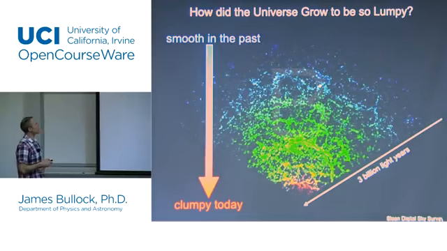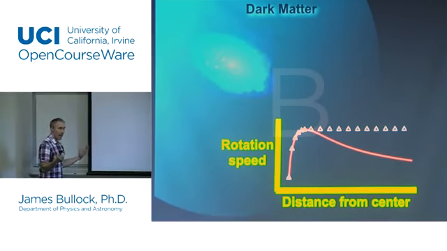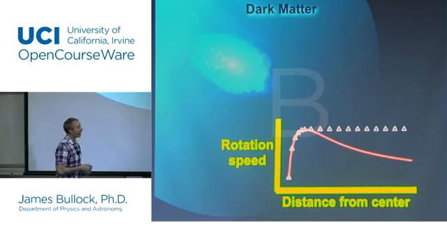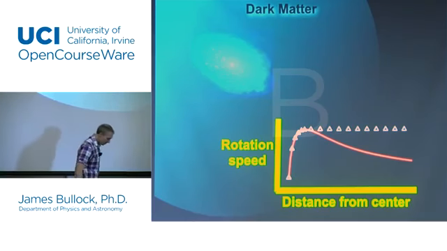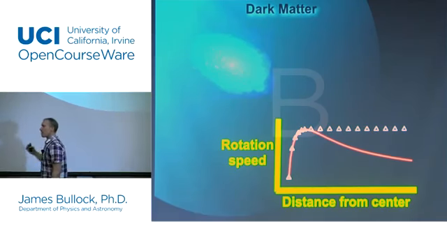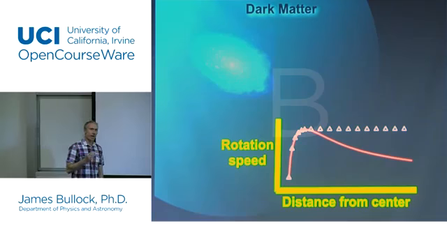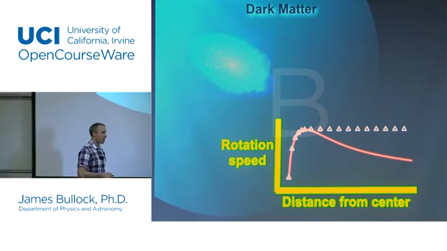Again, this is consistent with the idea that there are these big extended blobs of mass out there, something we call dark matter, that are beyond these galaxies. So in the 1960s and 1970s, people began to actually take seriously this sort of crazy idea that there was all of this extra mass out there that we couldn't see.